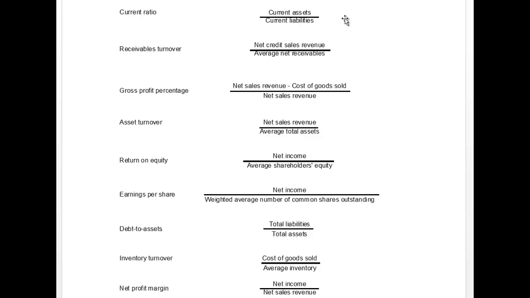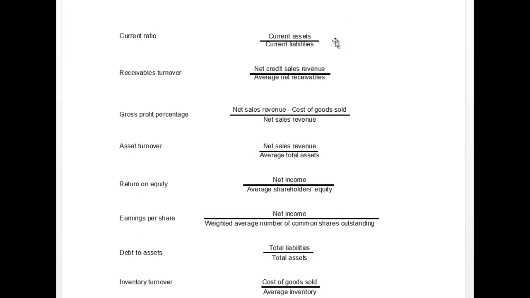So the bigger this ratio is, the better. Why? Because that means our assets get bigger than our liabilities, which is what we want. We're looking at current assets divided by current liabilities, so the more current assets we have to cover those current liabilities, the better.